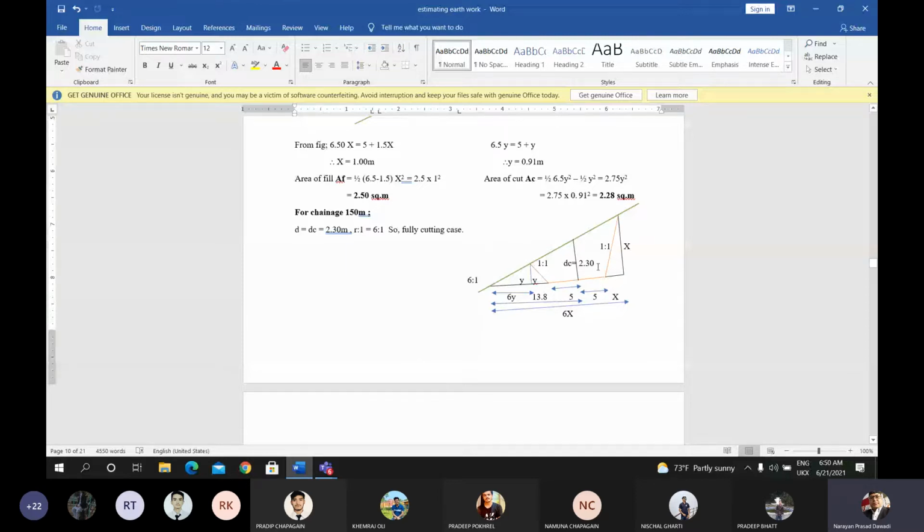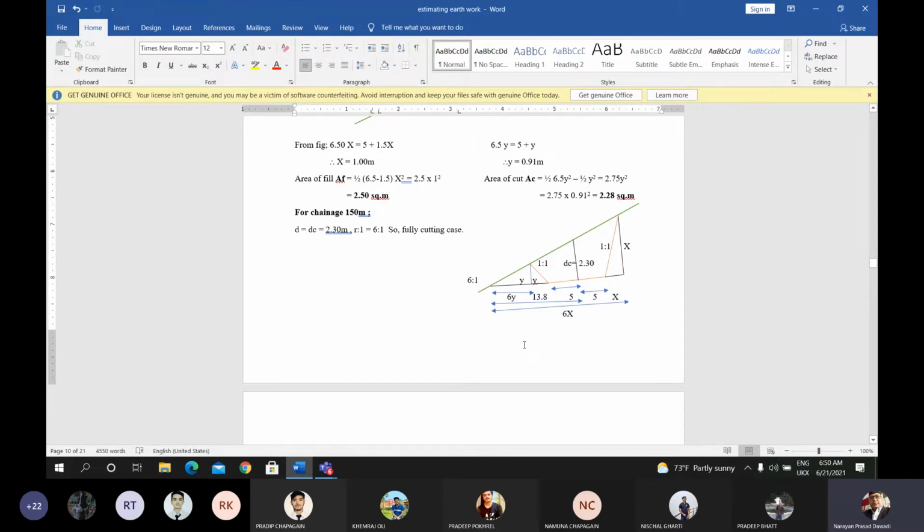The depth is 2.3, the side slope of cutting is 1:1. Draw the perpendicular line x, and the total horizontal distance will be x into 6, which gives 6x. For the 2.3 meter depth, the horizontal distance will be 2.3 into 6, which is 13.8 from the center line to the green line.